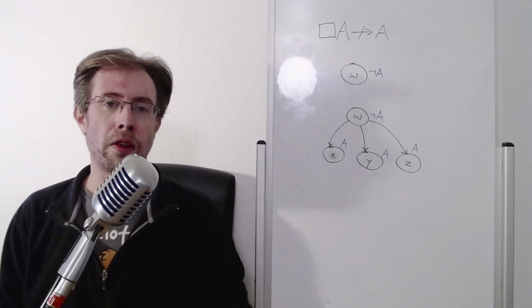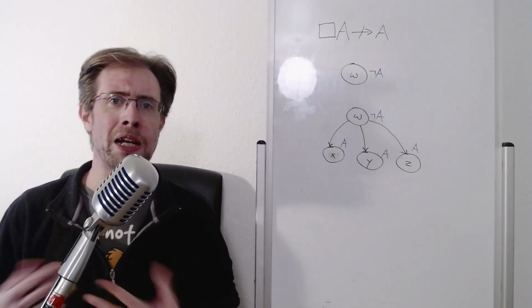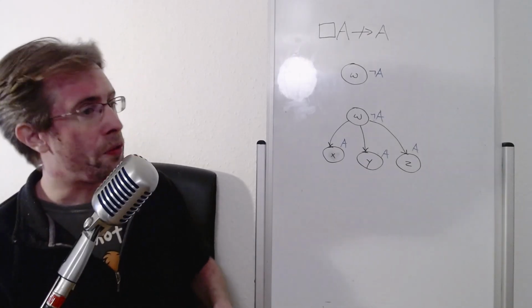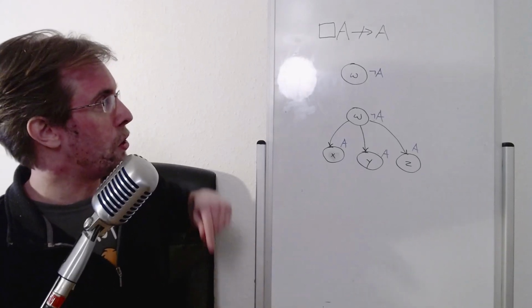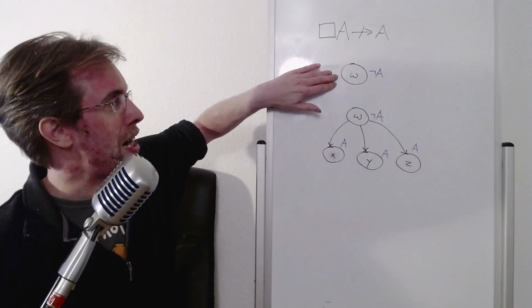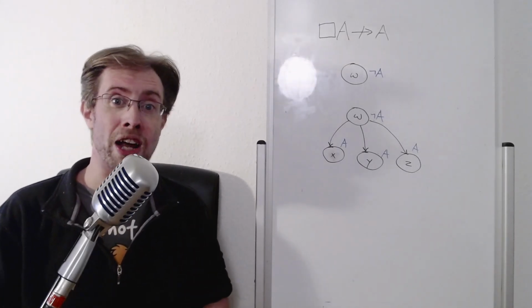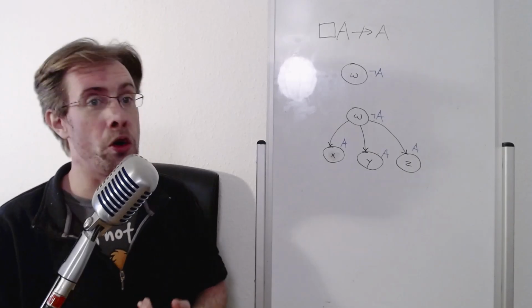But you can think that this principle might fail in modal logic because of two main kinds of countermodel. The first is the countermodel we actually used, where you have a state W from which nothing else is accessible, and where A does not hold.